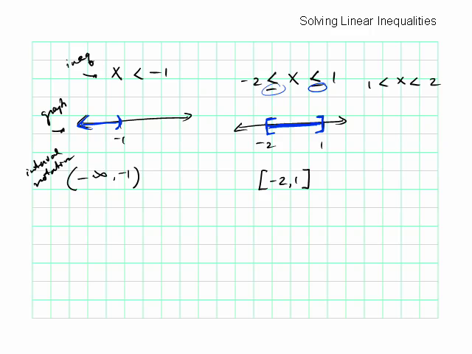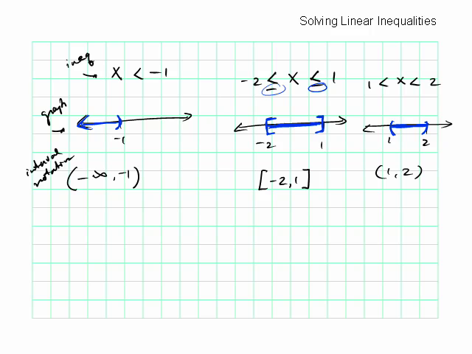X is between 1 and 2. Shade between 1 and 2. Just like that. We are not including 1 and we're not including 2. Strictly greater than 1 and strictly less than 2. And so I want parentheses on the 1 and the 2 here. We're going from 1 to 2, not including 1 and not including 2, so we want parentheses like that.